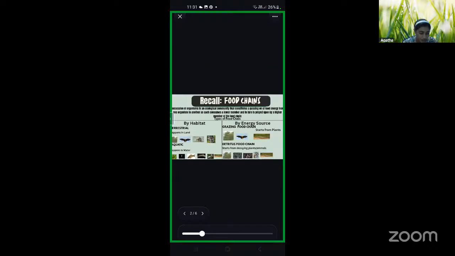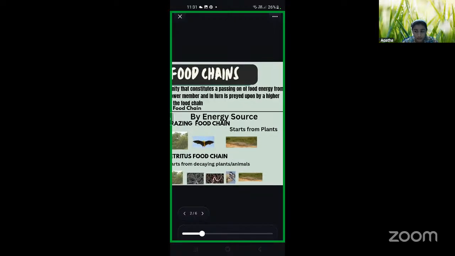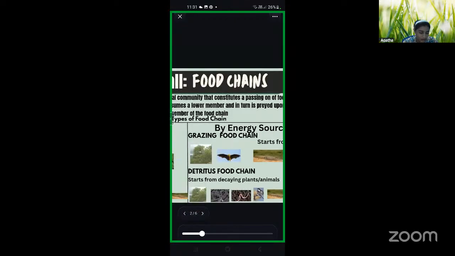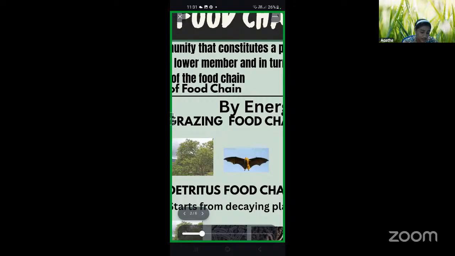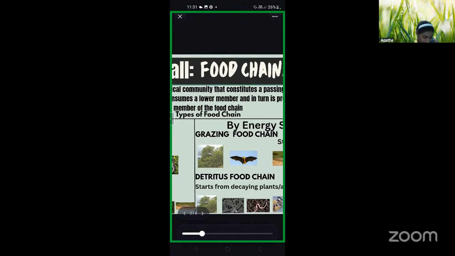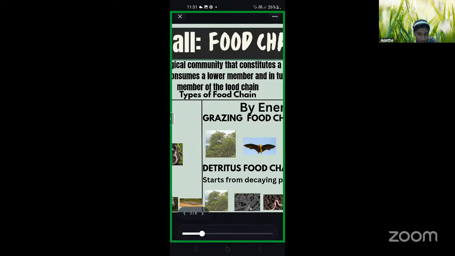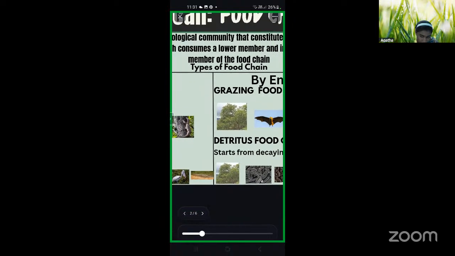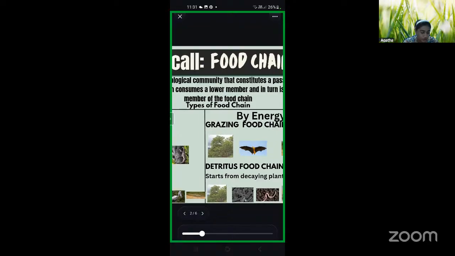By energy source, it is further divided into two types, grazing food chain and detritus food chain. In a grazing food chain, it starts from live plants, like the fruits, and goes higher up the food chain. In a detritus food chain, it starts from decaying plants or animals, like the decaying leaves of this tree, which can be eaten by bacteria and goes higher up the food chain.